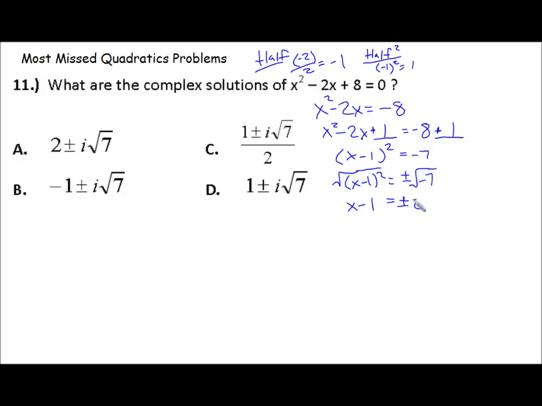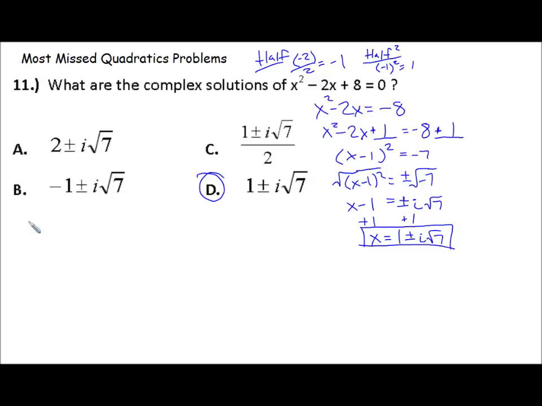This results in i times the square root of 7. To solve for x, you add 1 to both sides, and we get x equals 1 plus or minus i root 7. So that's how we solve it by completing the square. The answer is D.